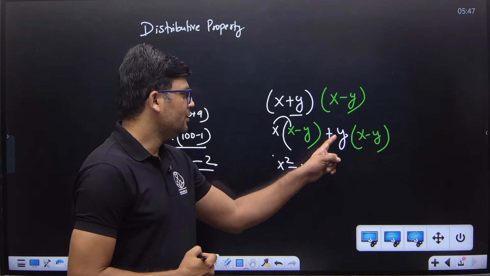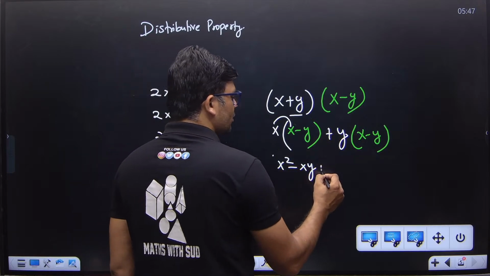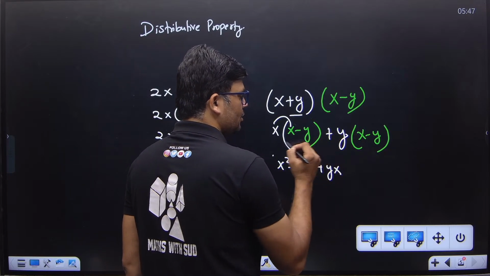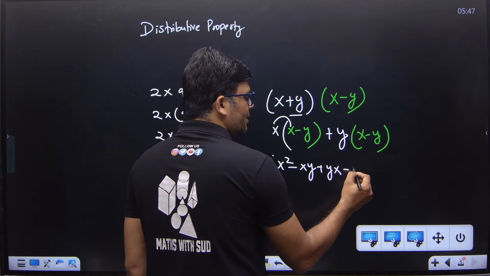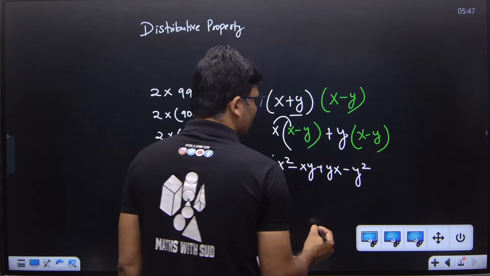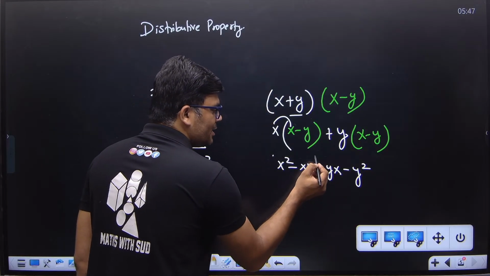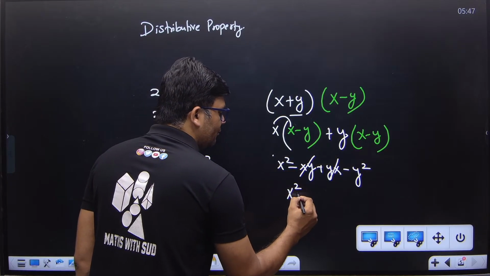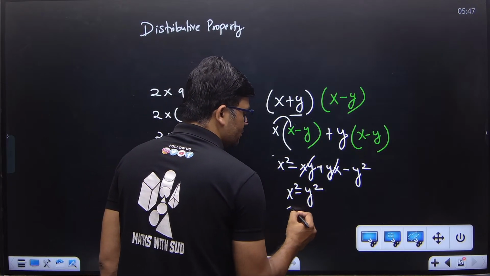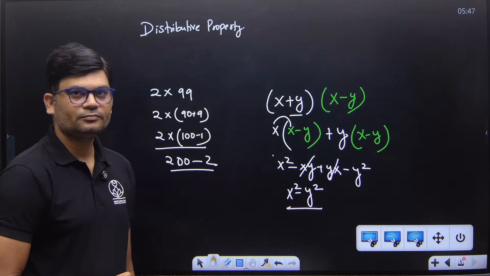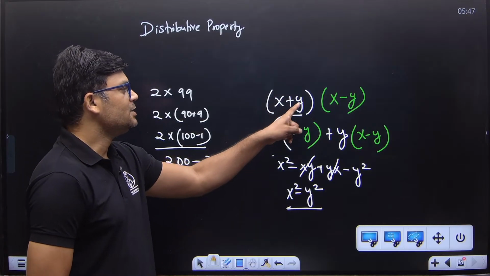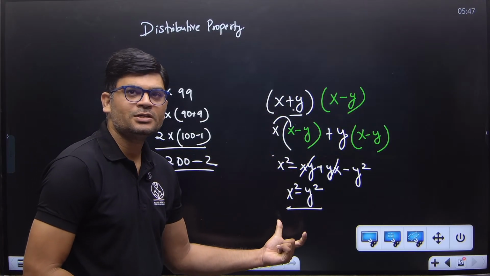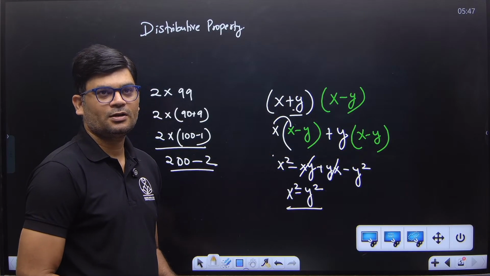And then y into x is how much? yx. And then y into minus y is how much? Minus y square. So minus xy and plus xy will get cancelled out. So you will be left with x square minus y square. So x plus y into x minus y is how much? x square minus y square.